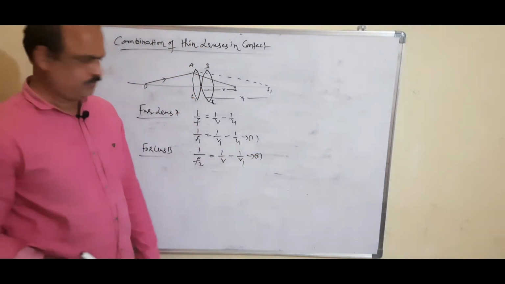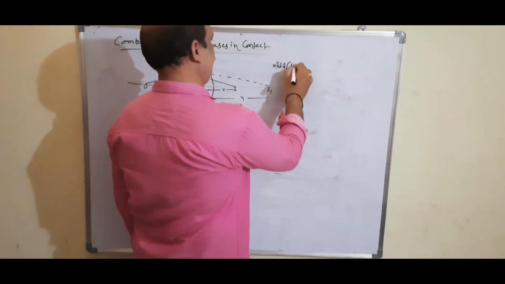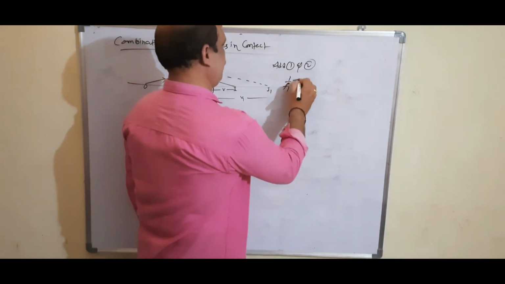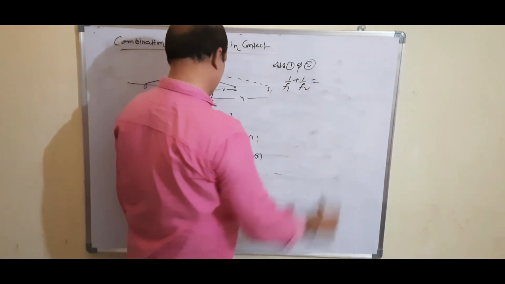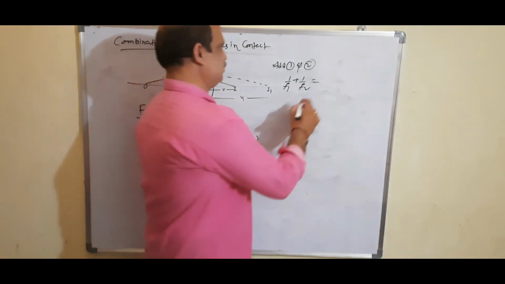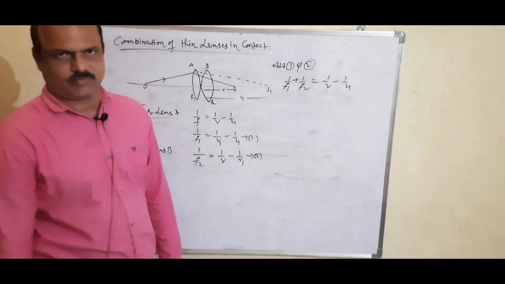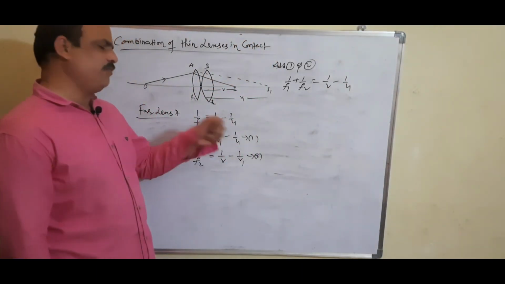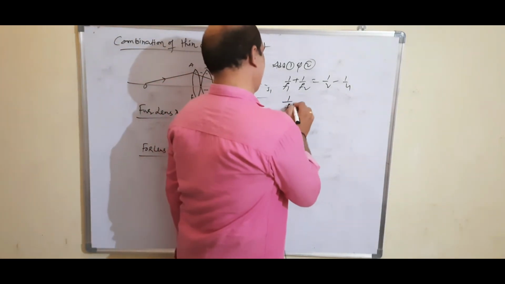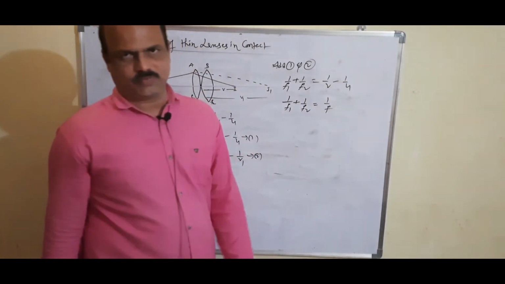Adding 1 and 2. What we get here? 1 by f1 plus 1 by f2 is equal to 1 by v1 minus 1 by v1 cancel. So that is equal to 1 by v minus 1 by u. But what is 1 by v minus 1 by u? It is 1 by f. So 1 by f1 plus 1 by f2 is equal to 1 by f.